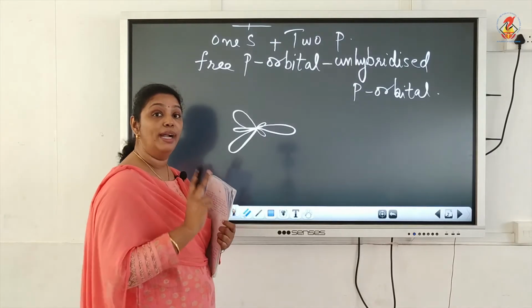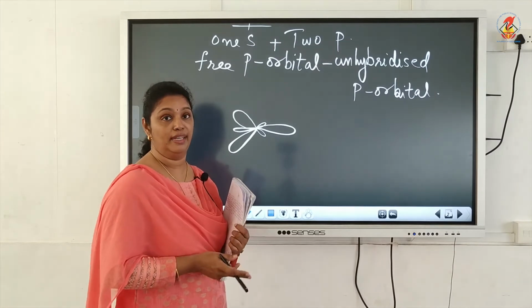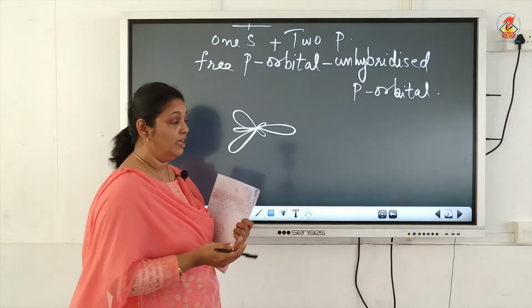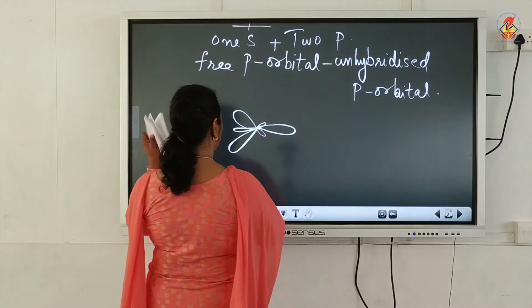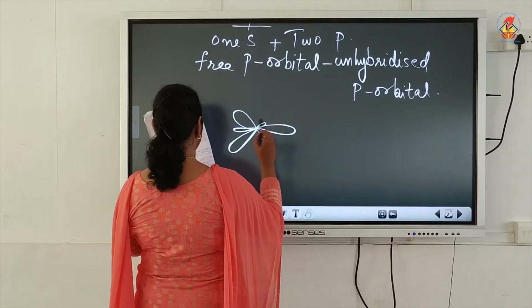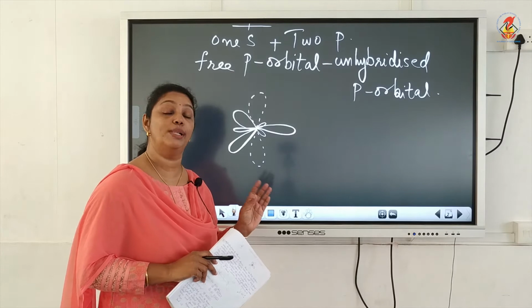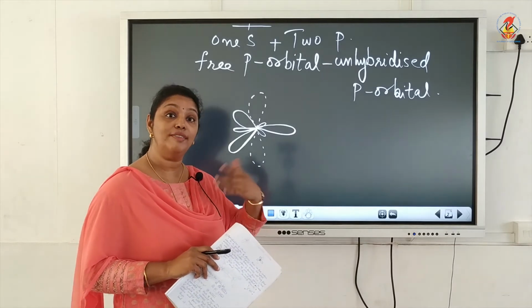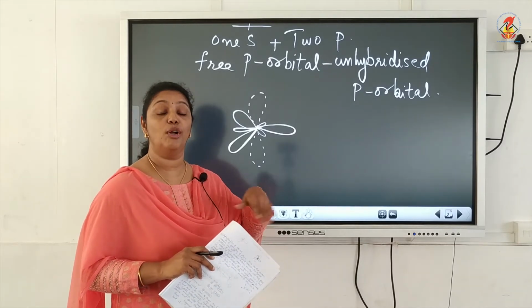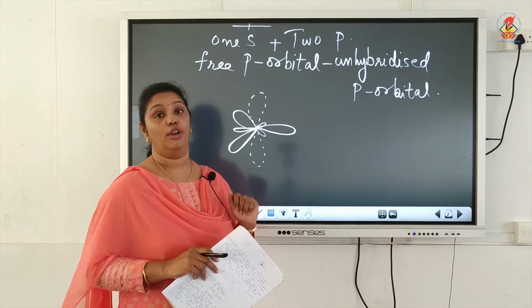Now we have one p orbital that is unhybridized and it is left in its free state. That p orbital will lie at right angles to the Sp2 hybrid orbital. When you draw the unhybridized p orbital, we denote it with a dotted line. You can see the unhybridized p orbital has both lobes of equal size because it is not involved in hybridization. It is not involved in the formation of hybrid orbital.